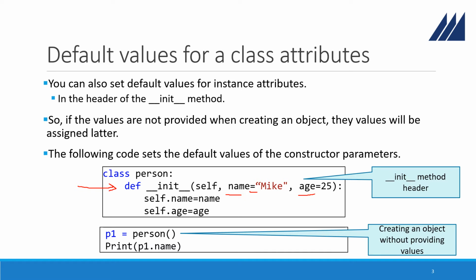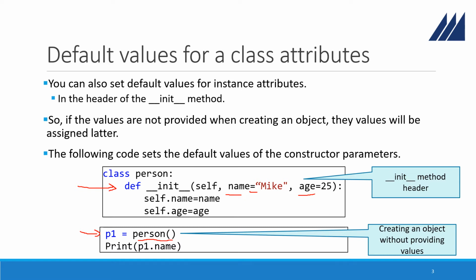So when you create an object from this class, as we see over here, p1 is type of person. Usually, when we create an object from a class, we have to assign the values for the attributes. In this example, we said p1 equals class Person, and we did not assign anything.